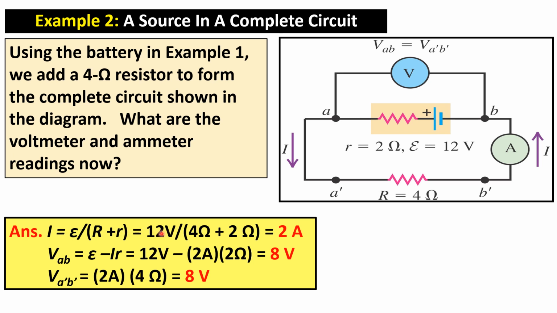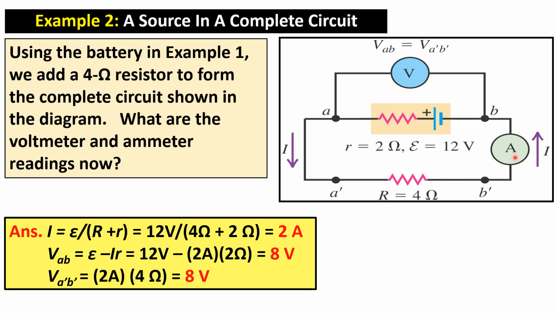When we substitute, the EMF of 12 volts is divided by the sum of 4 ohms and 2 ohms. So 12 volts divided by 6 ohms will give us 2 amperes. And that is exactly the current that will be moving through this path from point A, passing through the external resistor or big R, and then the same current will pass through the ammeter.